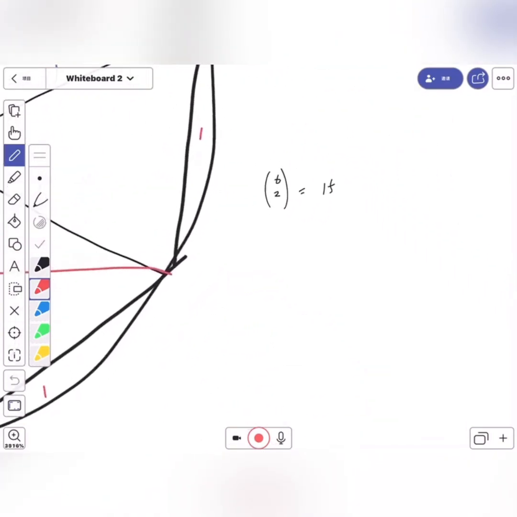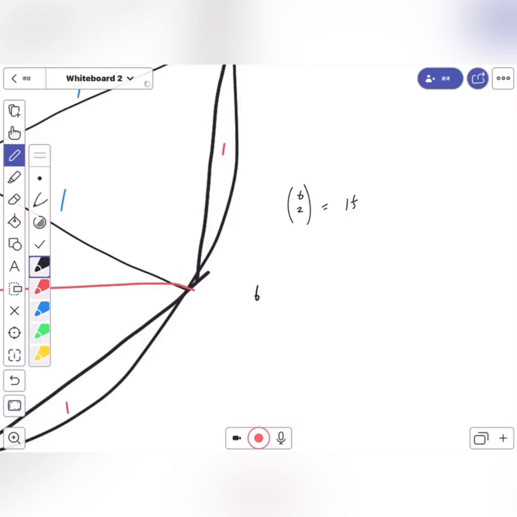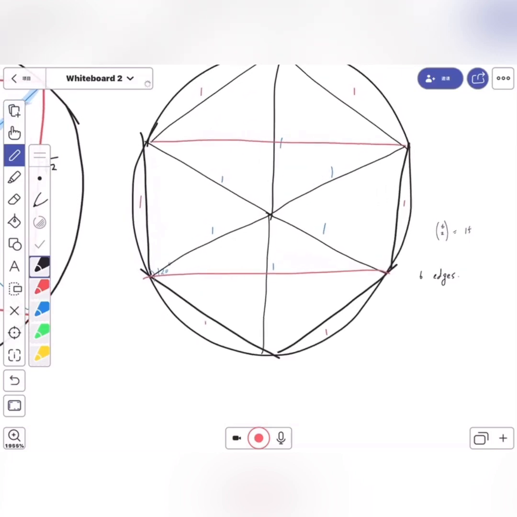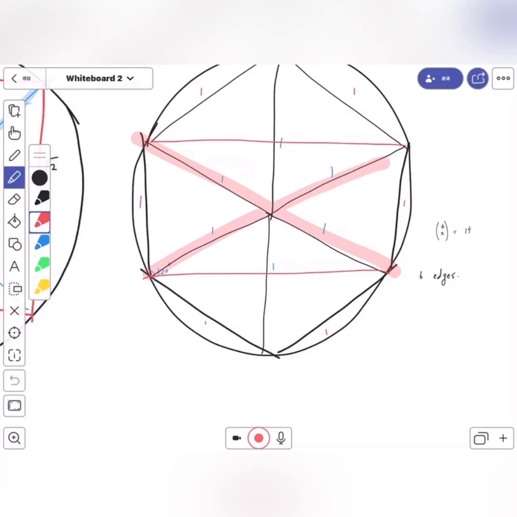So now we actually have 6 edges. And let's look at these longer diagonals. How many of these are there? Keep in mind we have to add up to 15, so we'll know whether we overcounted or undercounted. So these are going to have 1, 2, and 3 of them.